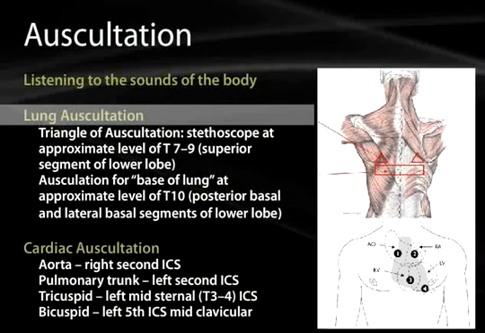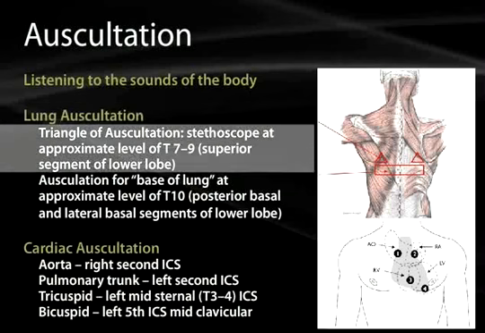When you think about auscultation of the lungs, there's a couple spots that you want to think about. The triangle of auscultation, which is at the approximate level of T7 to T9, is the space that has very little muscle mass in the way because it's bordered by the lateral edge of the trapezius, the inferior edge of the latissimus dorsi, and the medial border of the scapula.